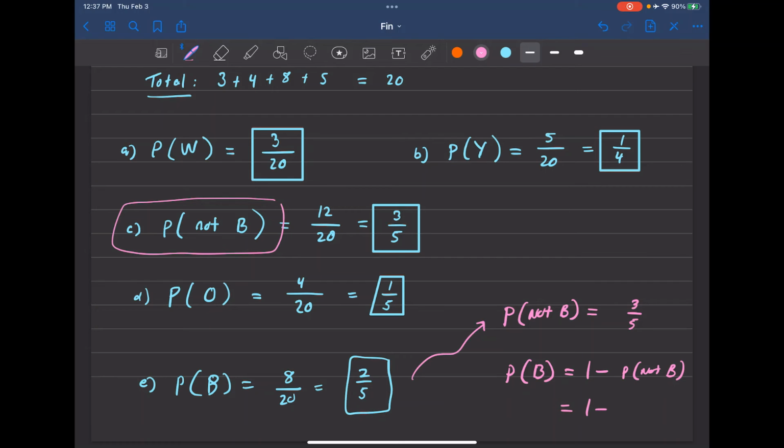That's going to be 1 minus 3/5, and if you combine this, you get 2/5. And that's exactly what we got right here. So there are 2 ways to do not statements. I hope this is making sense.